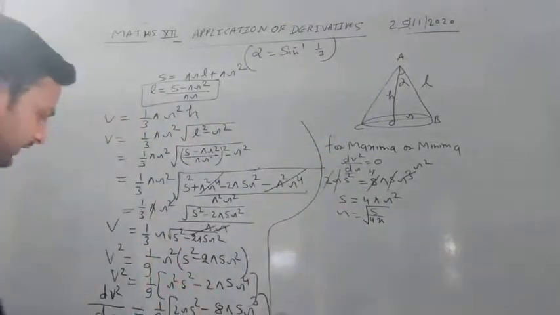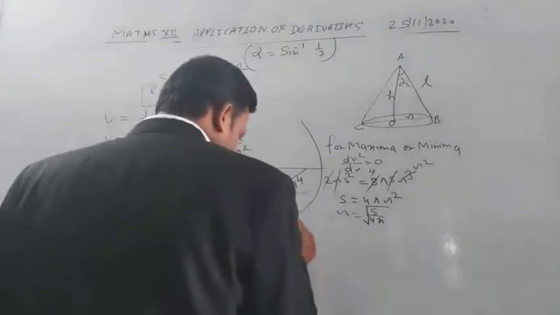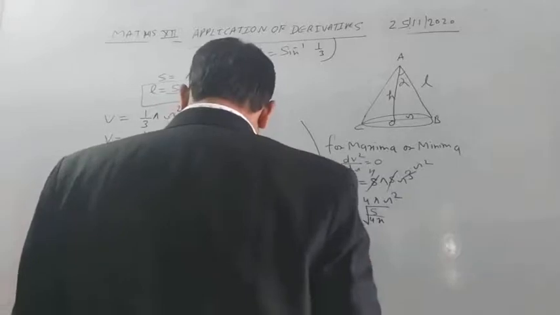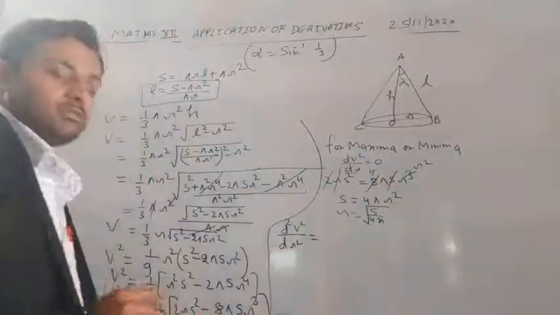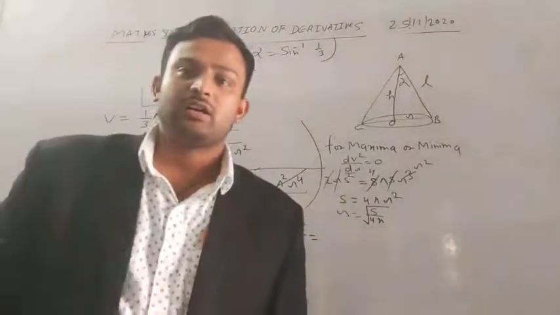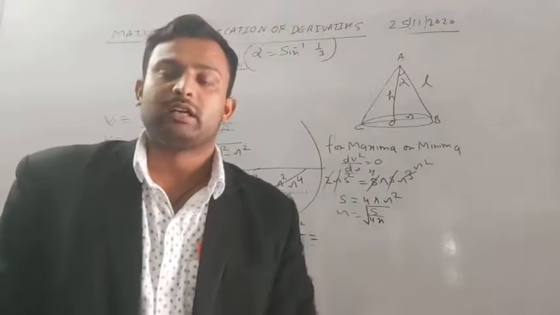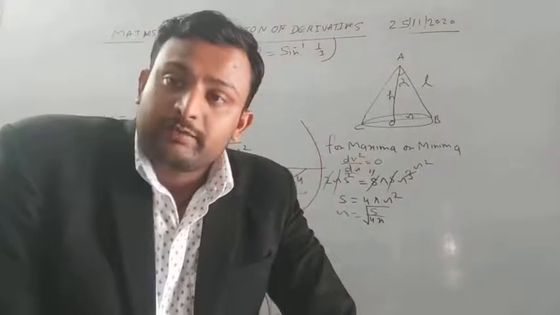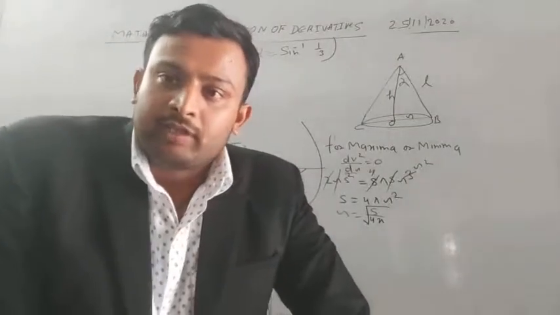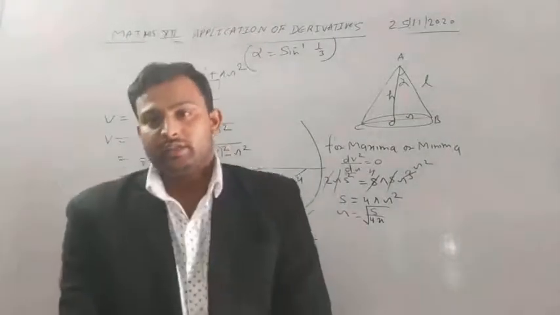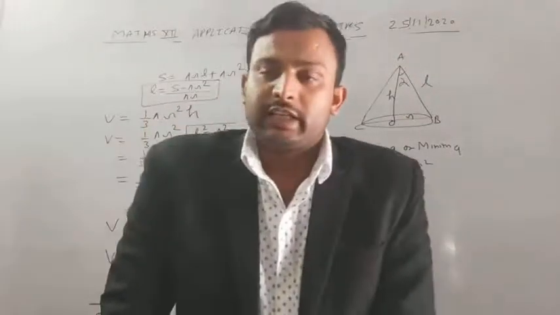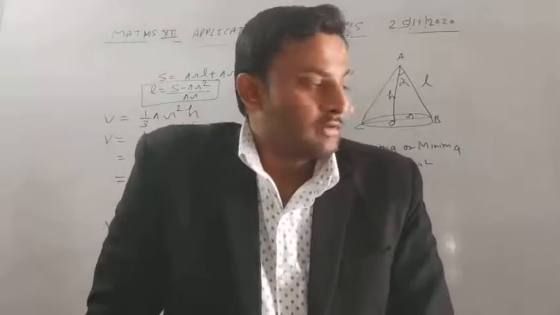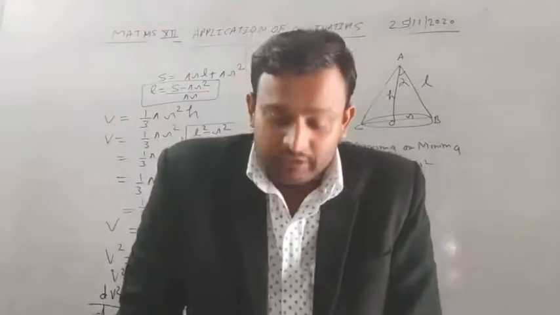Now we will differentiate this again to get d2V square by dr2, because to find maxima and minima, we know that when we differentiate a second time and the second derivative is negative, then we can say it gives maxima.